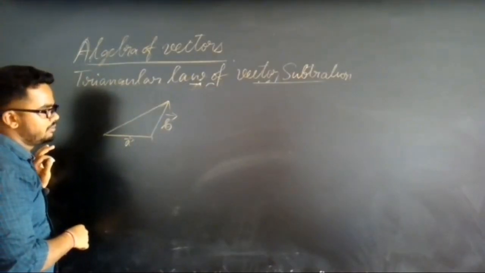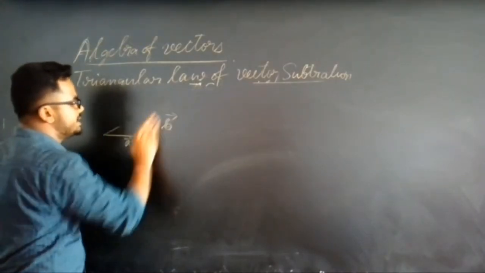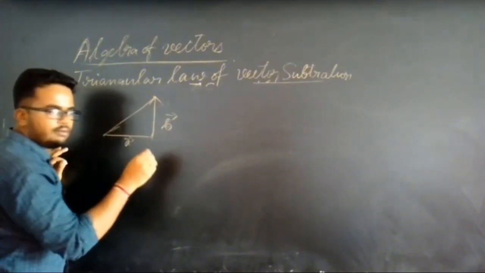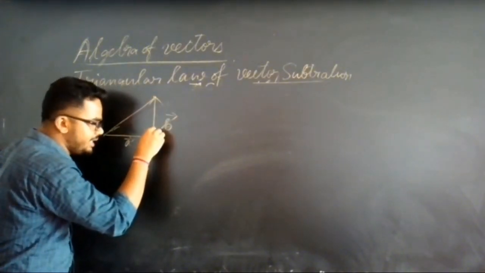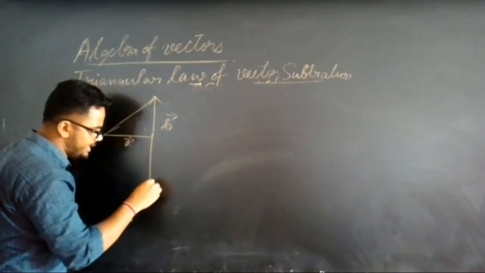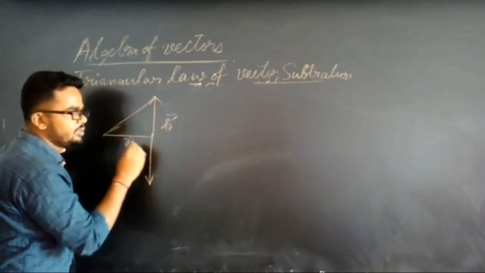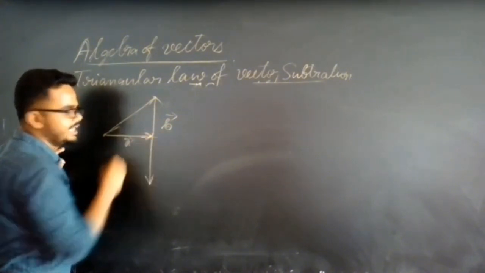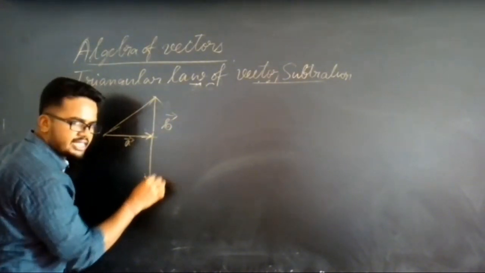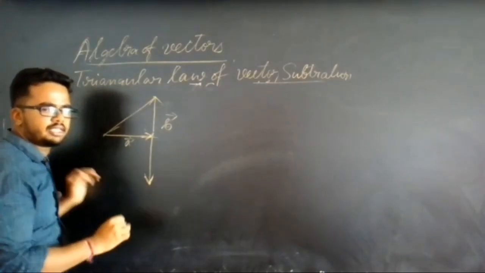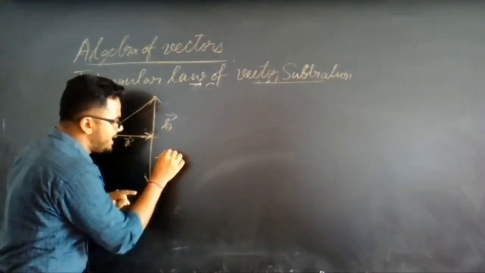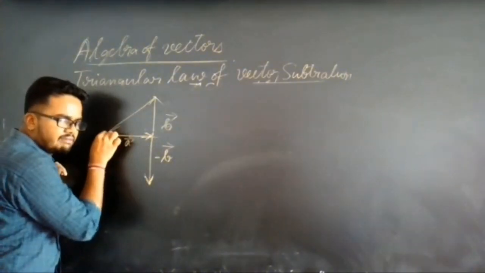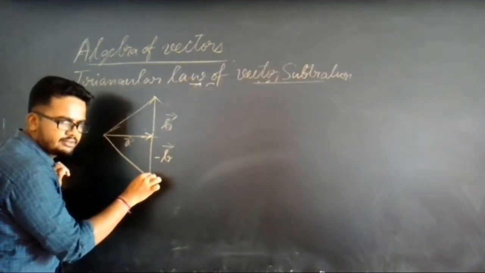Let me consider this B in the negative direction. Already you know that B is in one direction. Now B's direction has changed. If direction has changed, we write that as minus B. So the resultant vector will be formed here, my dear students.